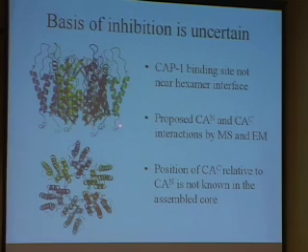However, capsid C-terminal domain and capsid N-terminal domain interactions have been proposed to occur during assembly. But because the structure of the capsid during assembly and in the immature state has not been readily resolved, it's impossible for us to know right now the exact basis of inhibition.